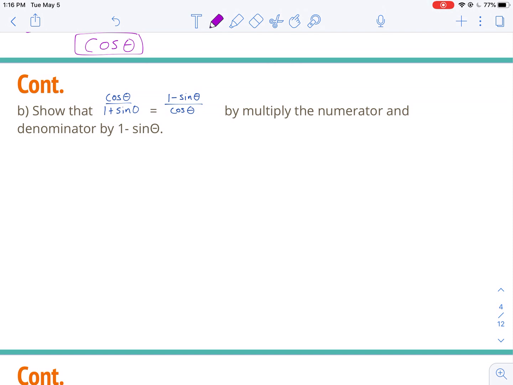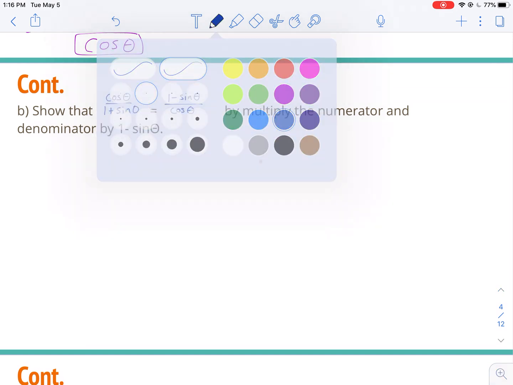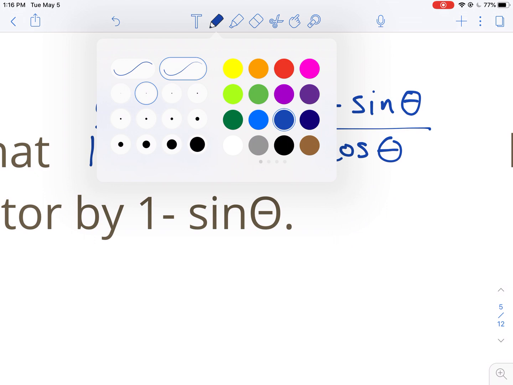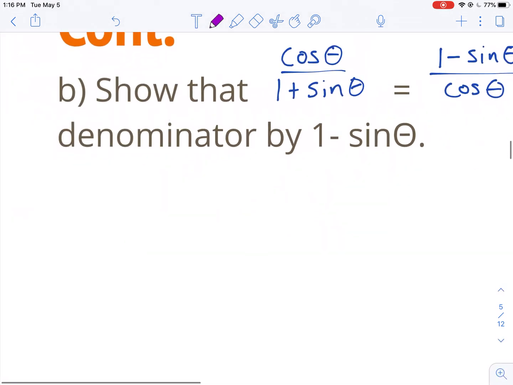So it's saying multiply the numerator and the denominator by 1 minus sine theta. When we work with these, we are working purely on the left side. So we do the left side of the equation and we apply everything to the left side of the equation to prove it. So show that these are equal.